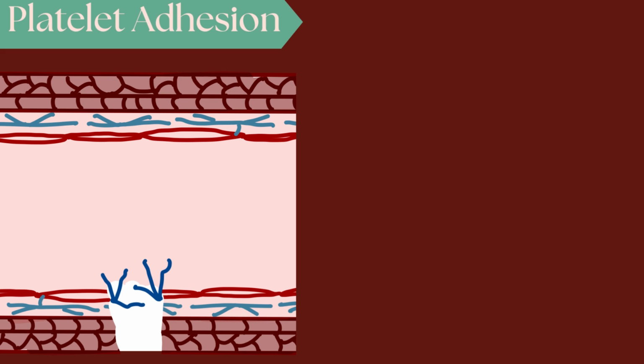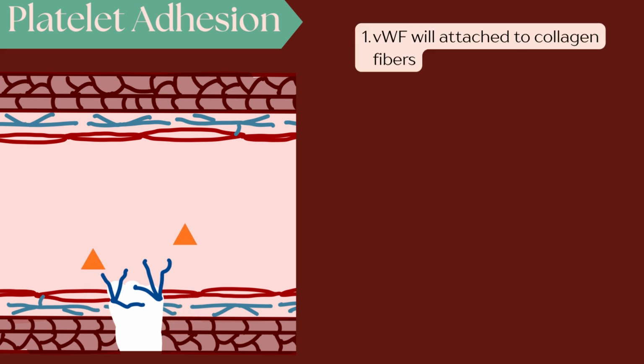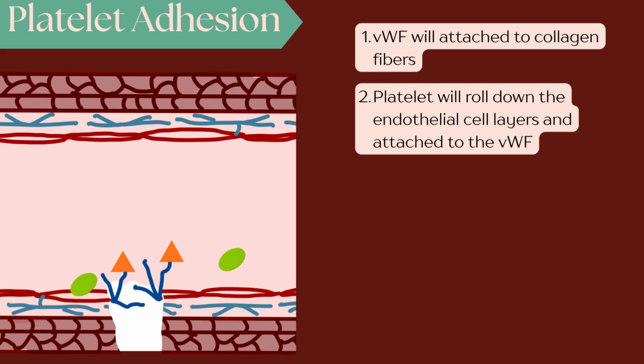Von Willebrand factor can come from just floating around the bloodstream, or it can be released from that damaged subendothelial layer. And so then the von Willebrand factors are going to attach themselves to the collagen fibers. Next, the platelets will come down and bind to the von Willebrand.